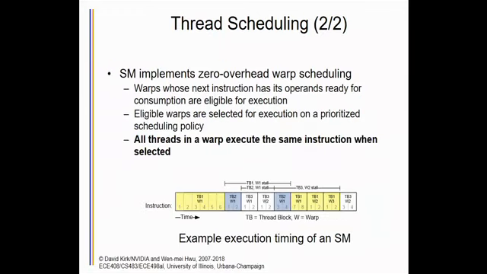So this brings us to the concept of scheduling. This is the biggest difference between GPU architecture and CPU architecture. The CPU architectures also have the concept of threads. But in CPUs, when you switch from one thread to another thread, there is a fairly high overhead for context switching.